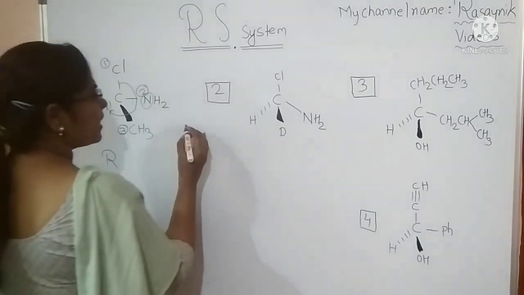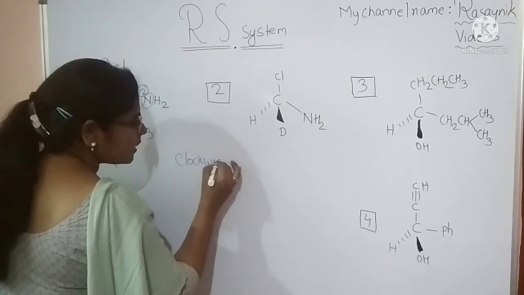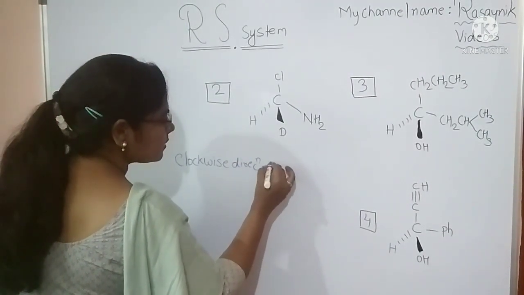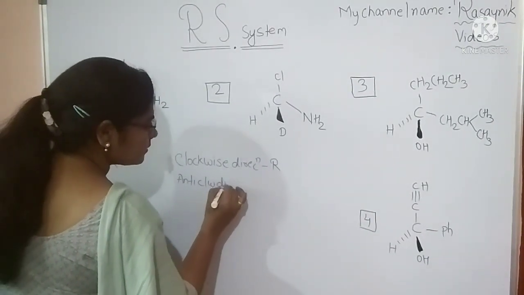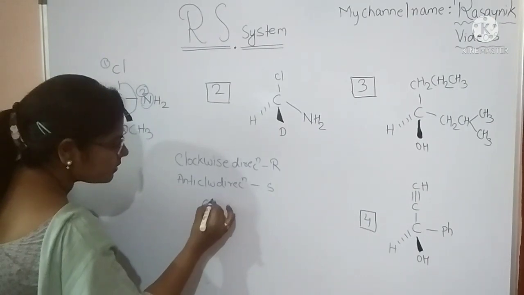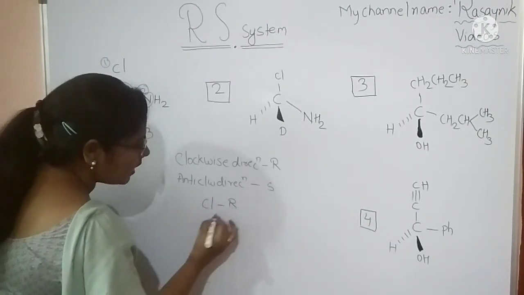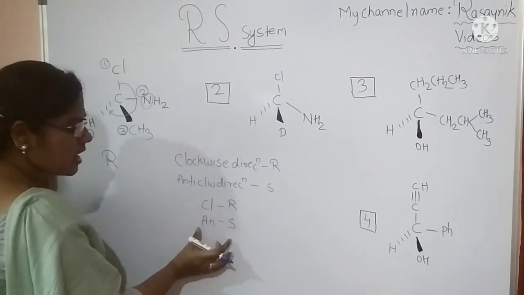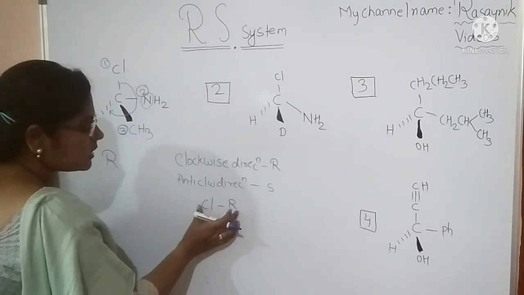Now there is a short trick: clockwise direction is R, and anti-clockwise direction is S. When the direction in the molecule is clockwise, it will be R, and in anti-clockwise, it will be S. Clear answer.